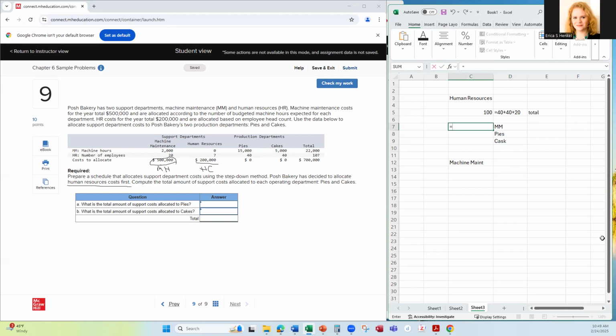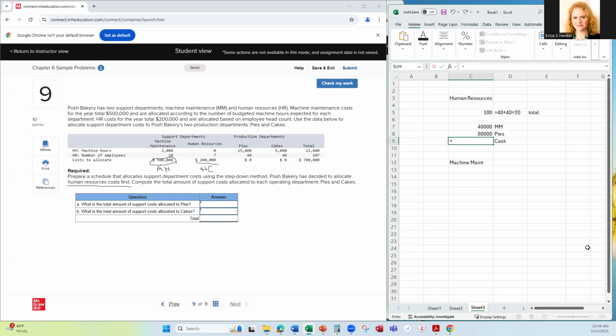We're going to take the number of head count that are here in machine maintenance, and we're going to multiply 20 divided by 100, so 1/5 times the human resources. That's the amount that will go to machine maintenance. All right. So now we're going to look at what goes out to pies. Okay. So for pies, it's going to be 40 divided by 100 times the 200,000.